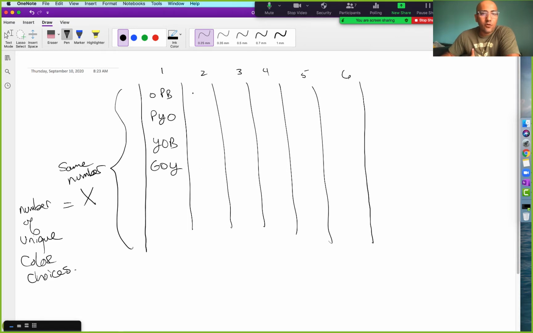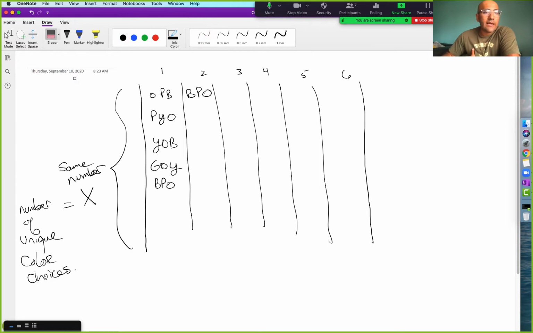Does that make sense? So over here, I would put a BPO because I'm just moving these around. I would not put BPO over here because that BPO is a blue, pink, orange, and I've already selected those colors. That same color palette is over here.